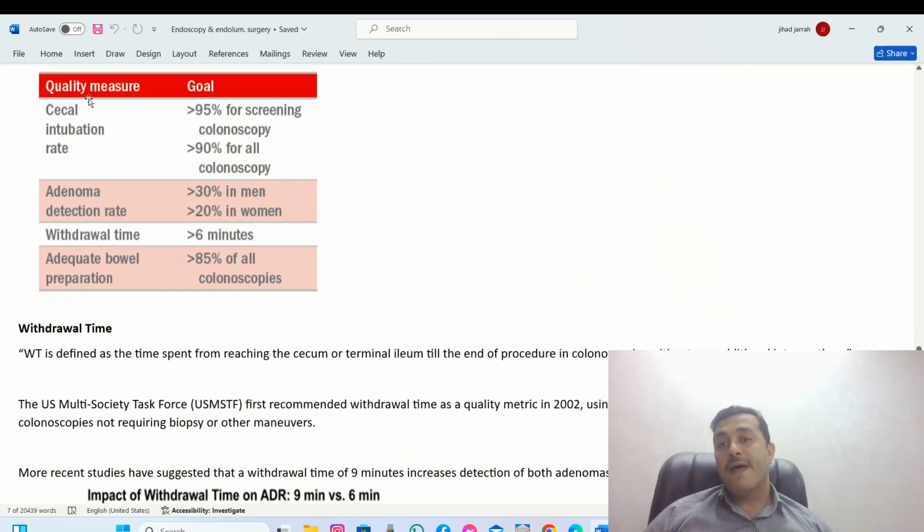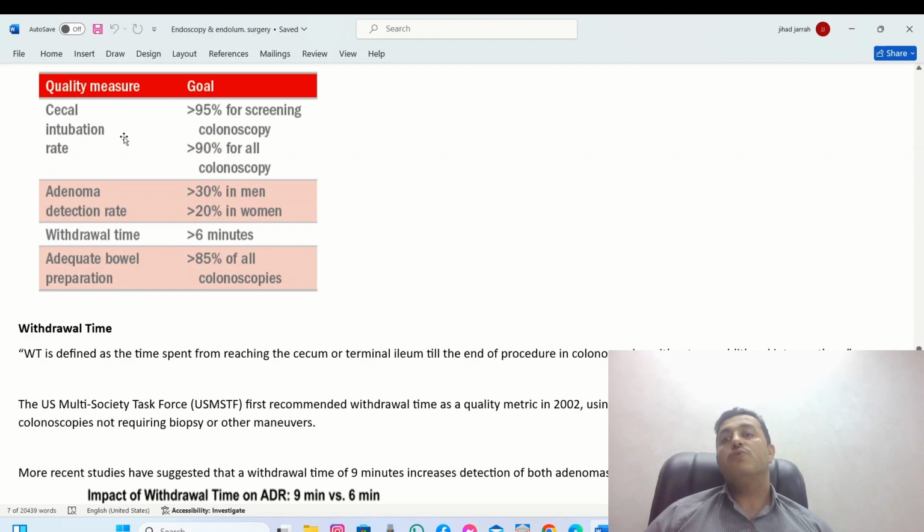Again, these parameters are the most important. Adenoma detection rate more than 30% in men who are more than 50 years old undergoing their first colonoscopy. In men 30%, in women 20%, on average 25%. Withdrawal time more than 6 minutes.